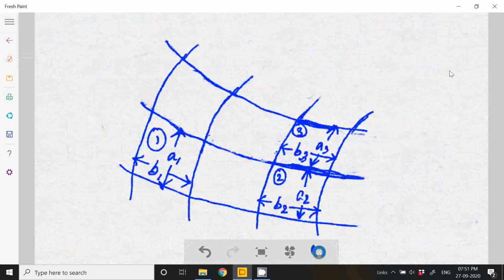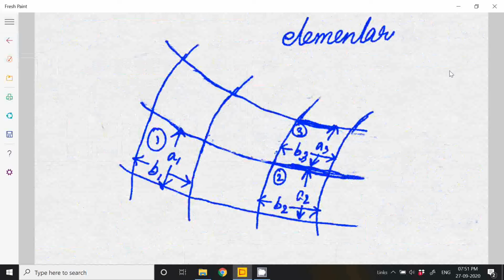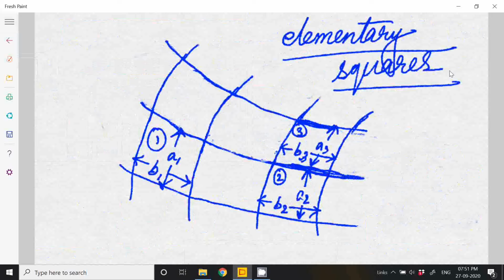Generally these fields are taken as elementary squares. It is assumed that these fields are actually squares, elementary squares. So what will happen if the fields are considered as elementary squares?